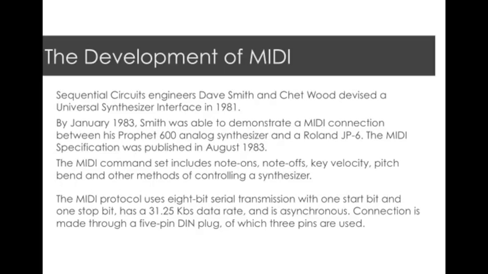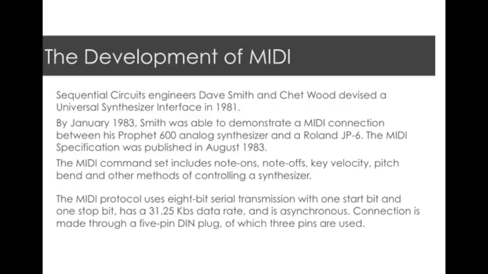So the early development of MIDI started, as I mentioned before, with a company called Sequential Circuits, which made popular synthesizers back in the late 70s and early 80s. Two of the engineers, Dave Smith and Chet Wood, devised what they called a universal synthesizer interface in 1981. By 1983, they were able to demonstrate a MIDI connection, a digital interface connection, between the Sequential Circuits Prophet 600 analog synthesizer and a Roland JP6.